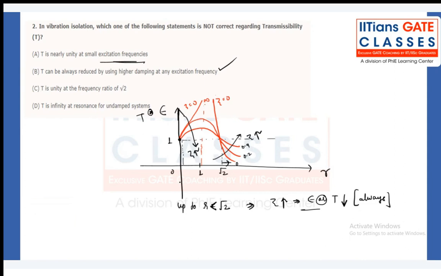So this is the GATE exam. They don't want to check whether you are remembering the graph or not. You remember the graph, but you should be intelligent enough to answer any question which is asked on that particular graph. That's a difference, guys.